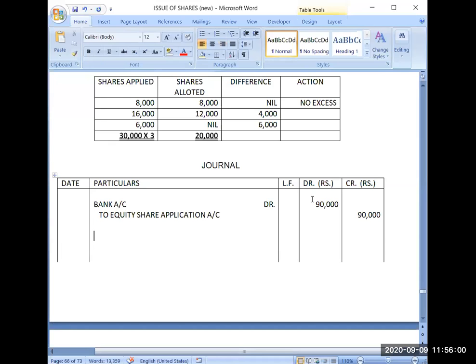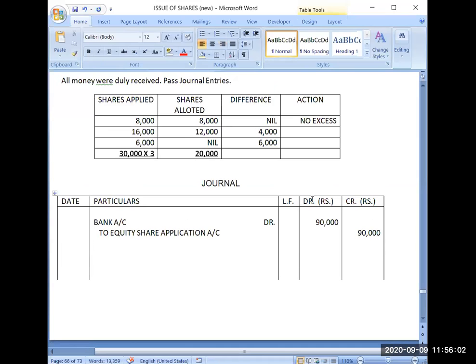Please do this practice. Lot of practice it needs, and in the same procedure as I am doing. So now next entry is equity share application account debit to equity share capital account.